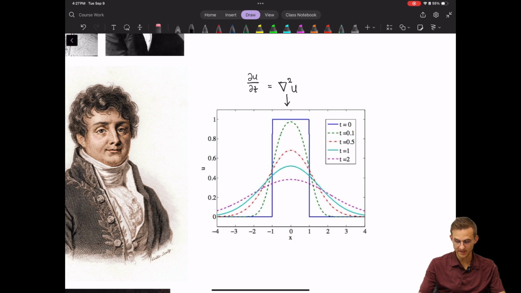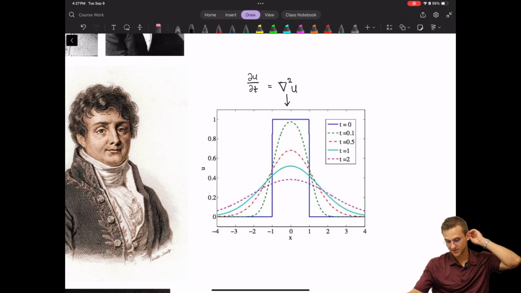But what the heat equation does, when the Laplacian operator appears at the same time as a partial derivative in time, is it smears things out. At t equals 0, you start with a very sharp profile of whatever the dependent variable is, in this case just u. And as time goes on, it spreads out.